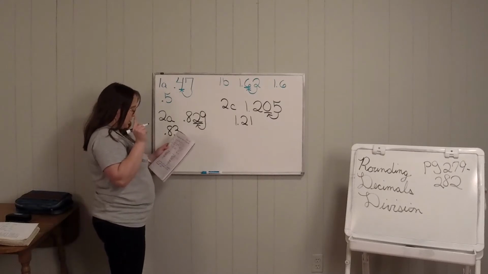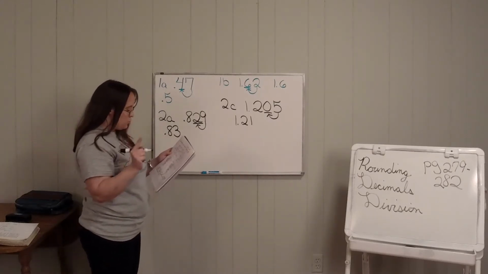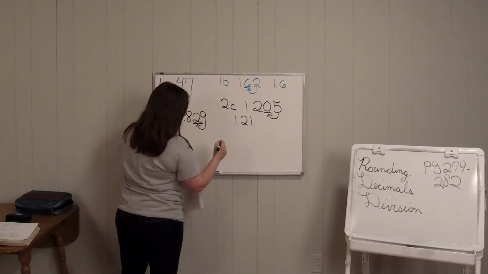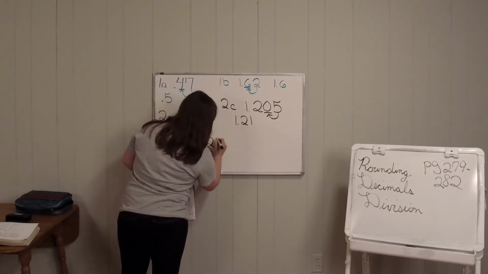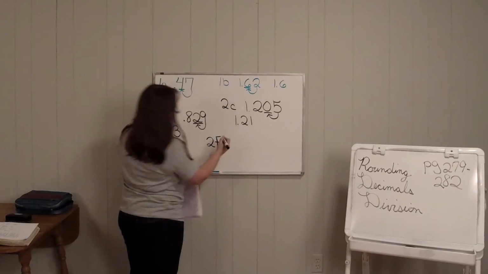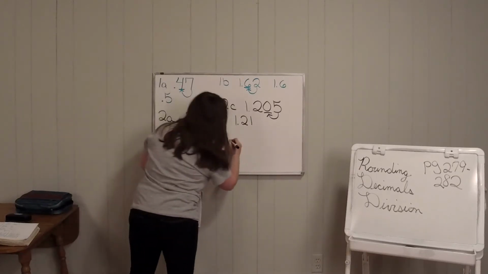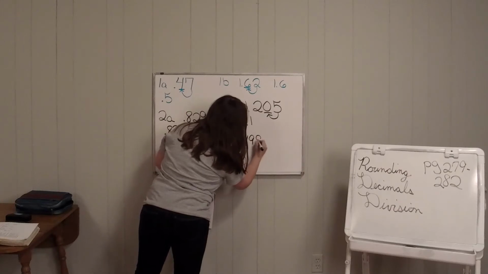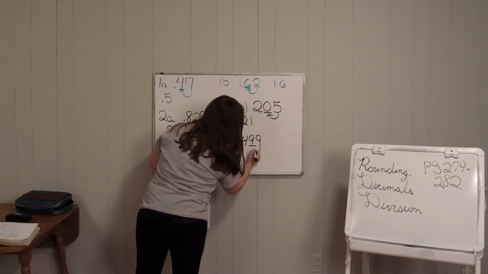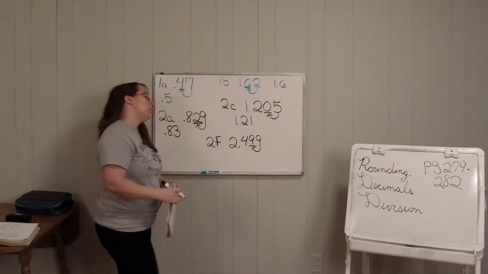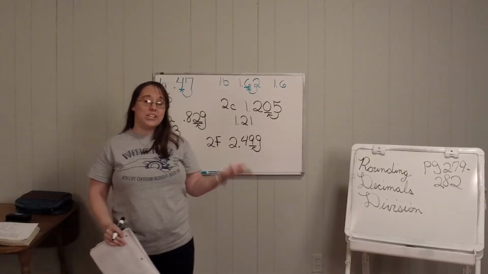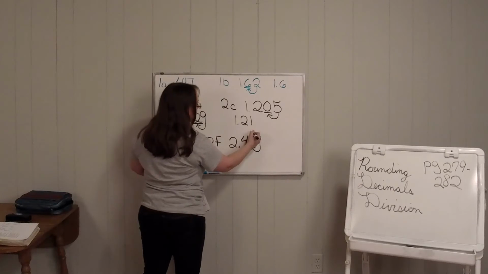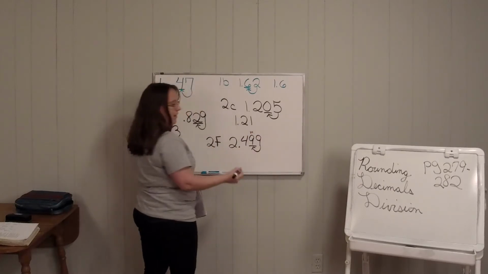And then I want us to look at 2F. It says 2.499. Well, we know 9 is 5 or more, and it's going to tell that 9 to go to a 10. Well, 10 cannot go right there.